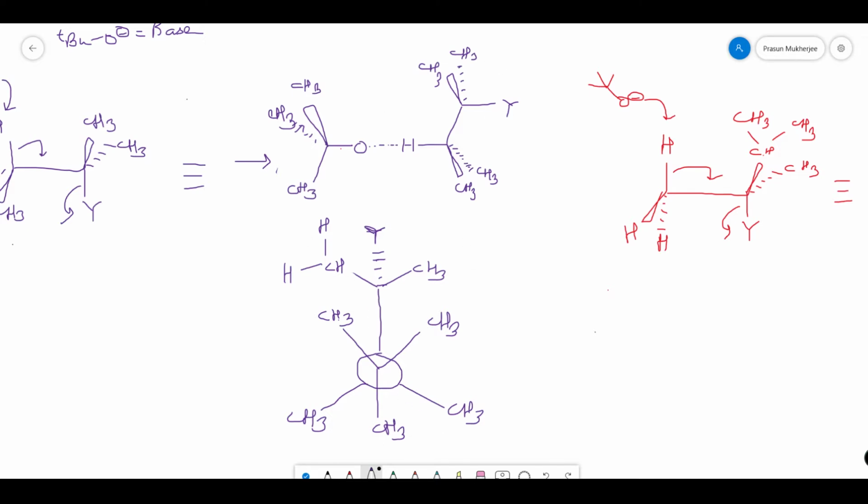So we can see that there are two gauche-butane like interactions, and also there are extra two repulsions which are gauche-butane like, but obviously not exactly the gauche-butane interaction, but a slight repulsion will take place between these groups. Slight, but the repulsion will exist.